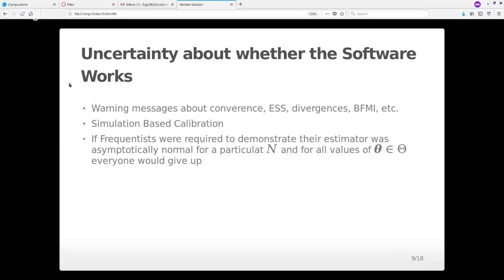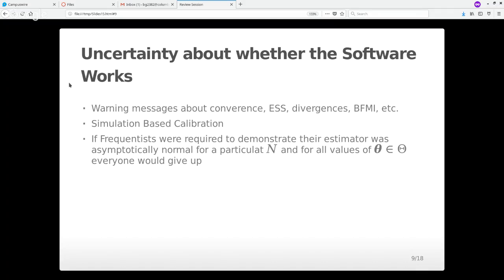But anyway, one of the things that's very irritating when people say the Bayesian approach takes so long is that if journals, or classes that you take on frequentist methods, were required to demonstrate that the point estimator you're proposing to use actually has a normal distribution for the finite n that you actually have, for all values of the parameters that they could take in the parameter space, that would take a hugely long amount of time as well to establish with a sequence of Monte Carlo simulations.